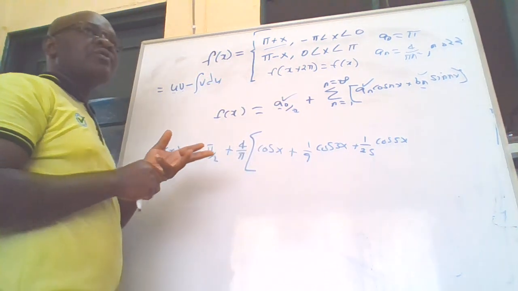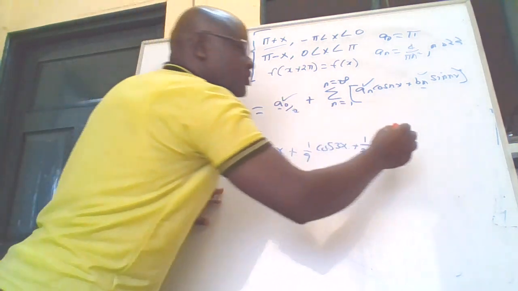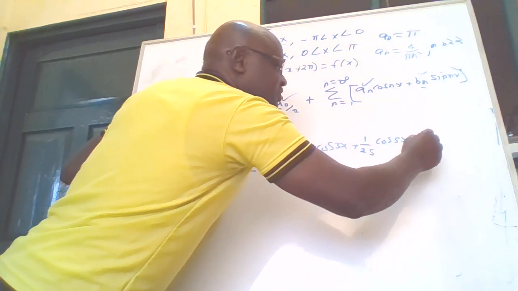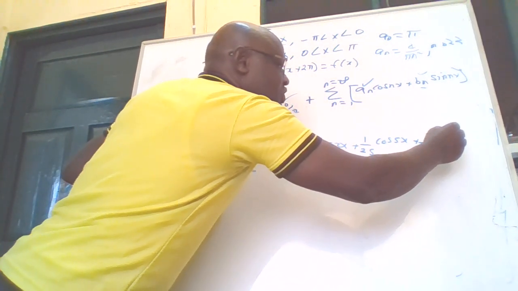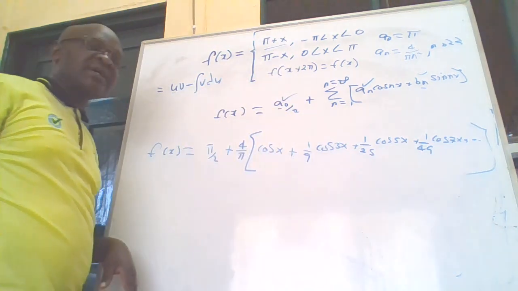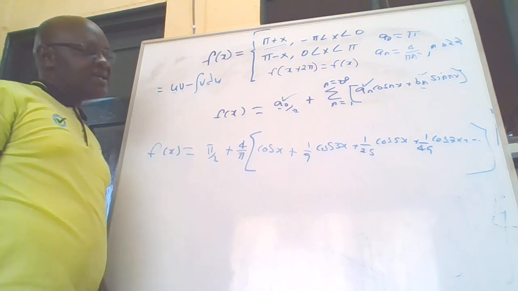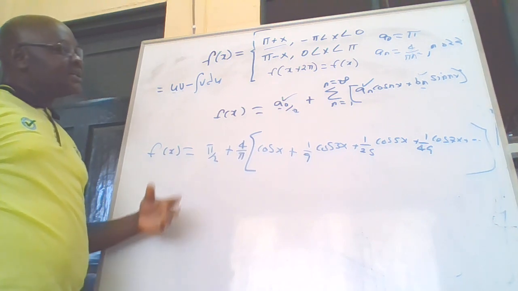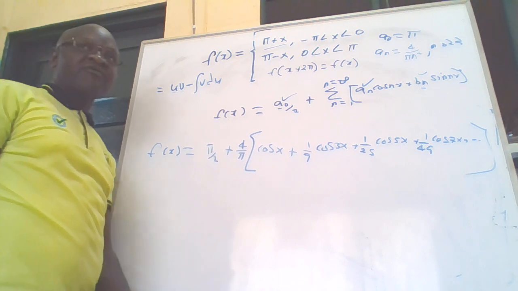So from 5 we go to 7, so it will be plus 1 over 49 cos 7x plus, and it continues like that. So this is what we are calling the Fourier series of this function.